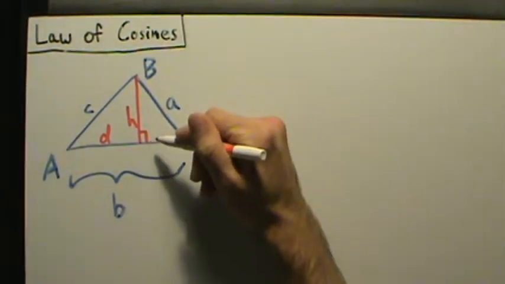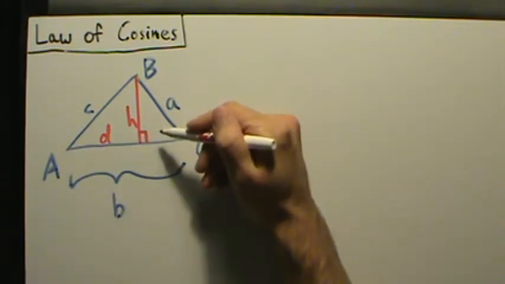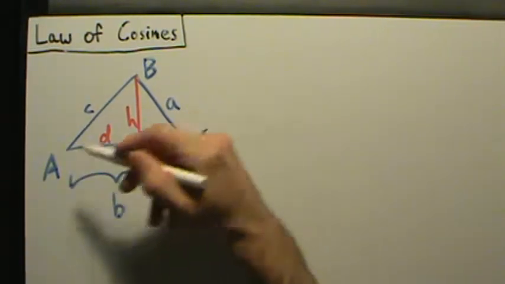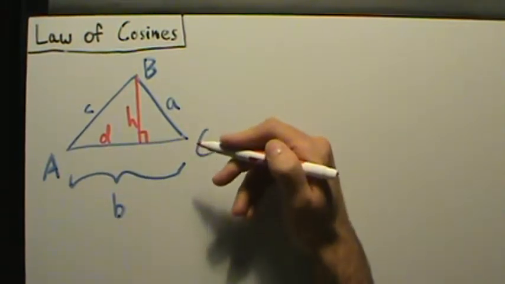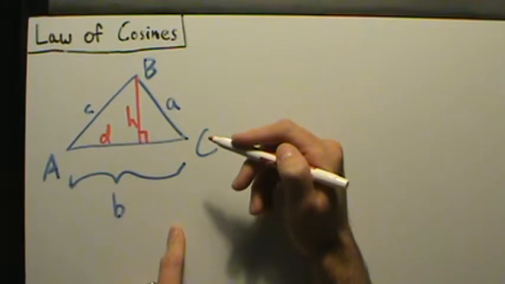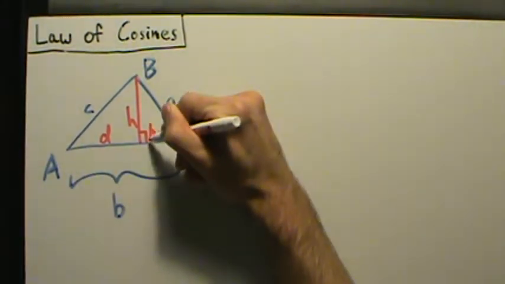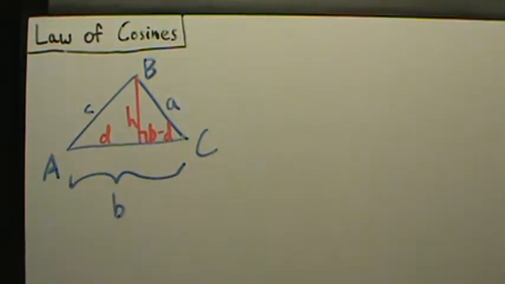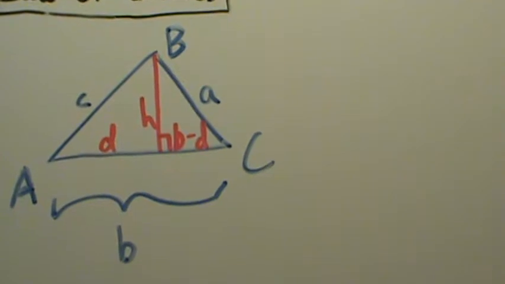If this is d and the whole thing is b, what's this other piece going to be? Take the whole thing, subtract this piece, and we're left with this piece. So the whole thing b minus this piece d gives us this, so this right here is b minus d. Let's zoom in a little bit on that.